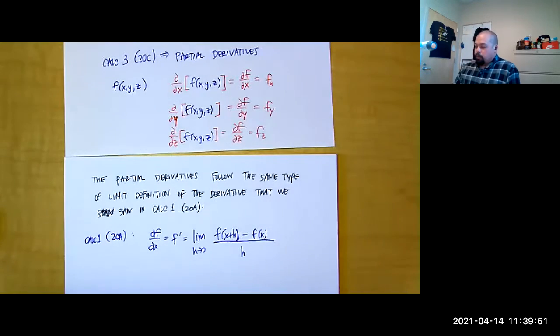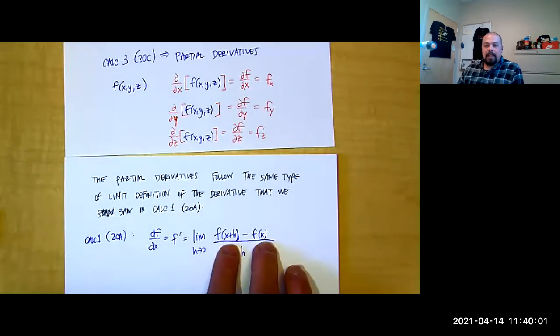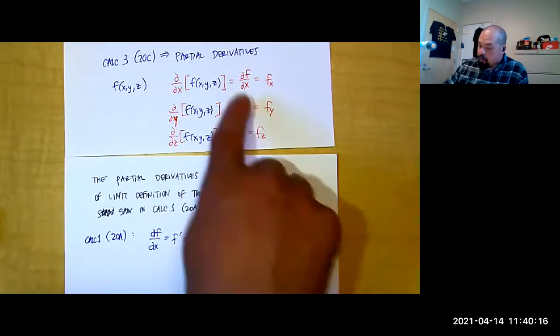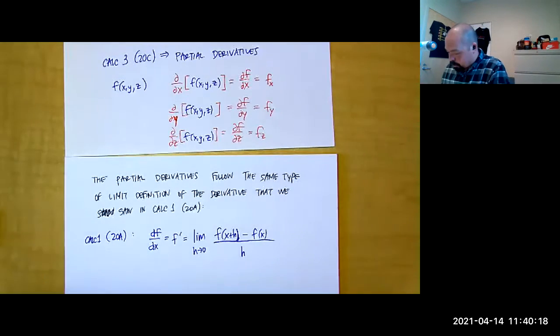So a function f that just depended on one variable x, that difference quotient, letting x change slightly between x and x plus h. Let the difference between those two quantities shrink down to 0, and that would give us our derivative.